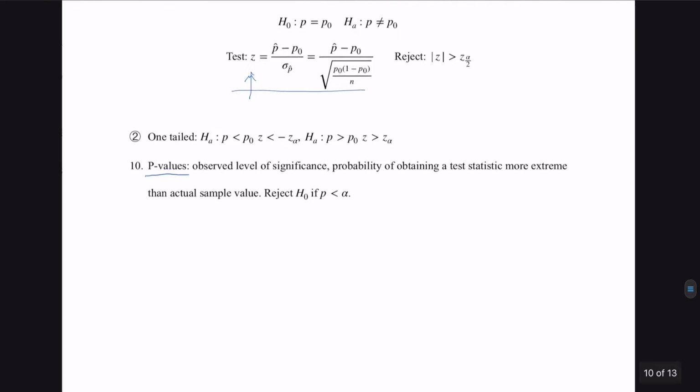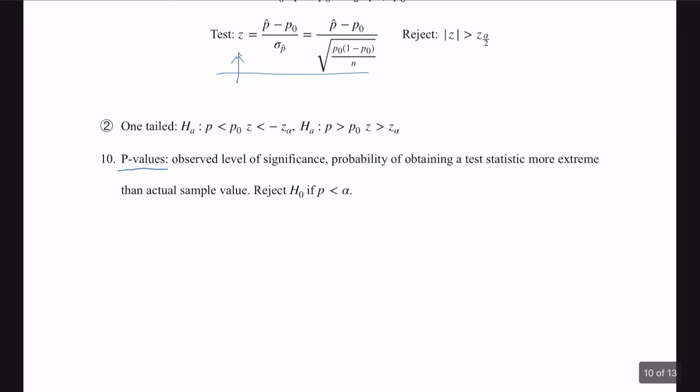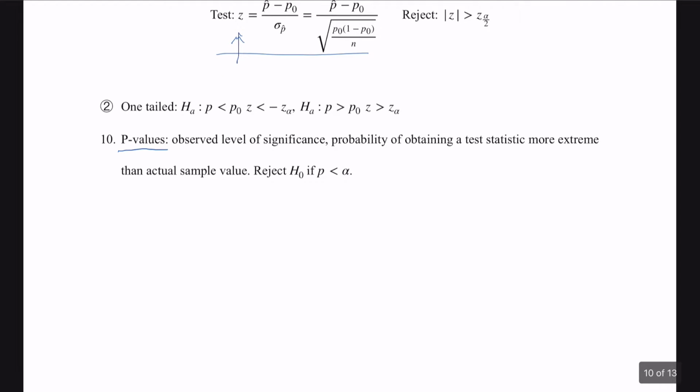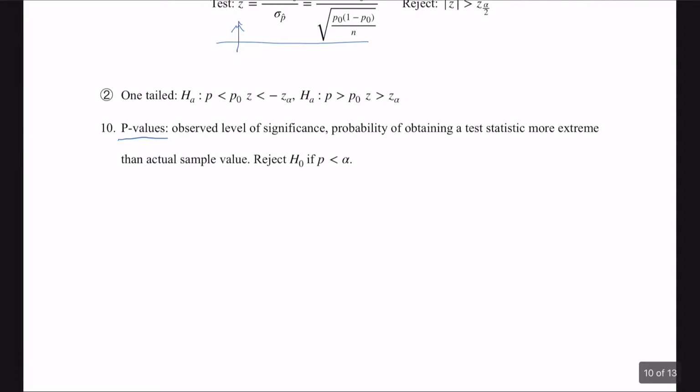So if you take a look at the description of p-value, it seems pretty confusing, right? So I will walk you through how to work with p-value to do hypothesis test.